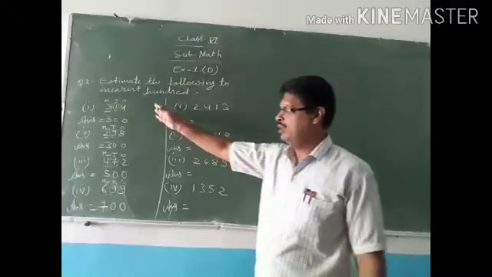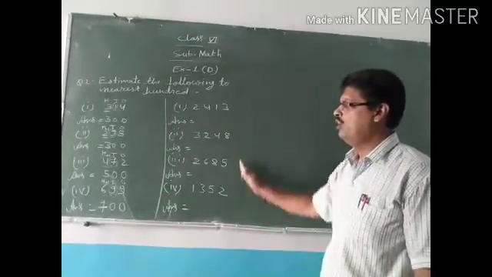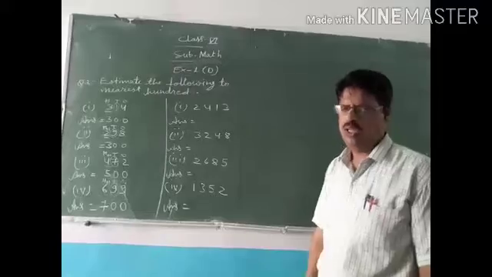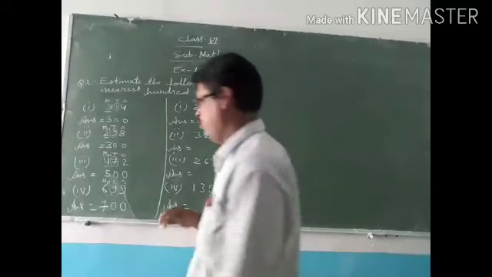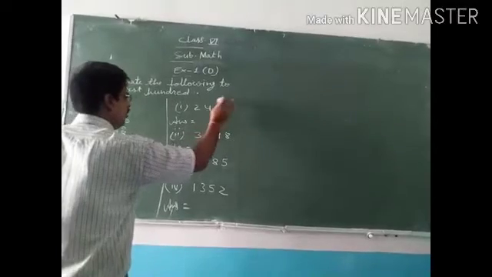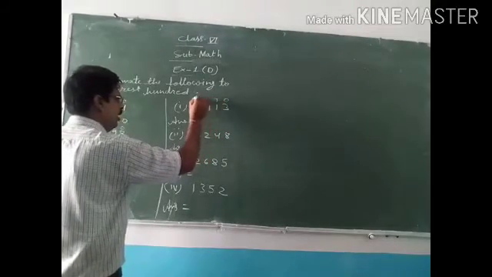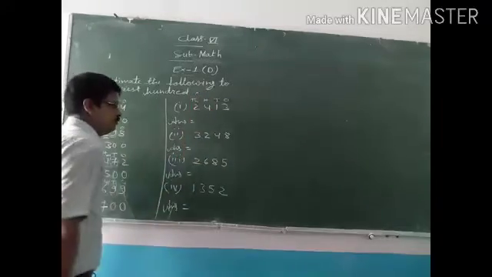Now these were the 3-digit numbers. Now here 4-digit numbers are there. So let's see how to do them. This is ones, tens, 100, 1000.